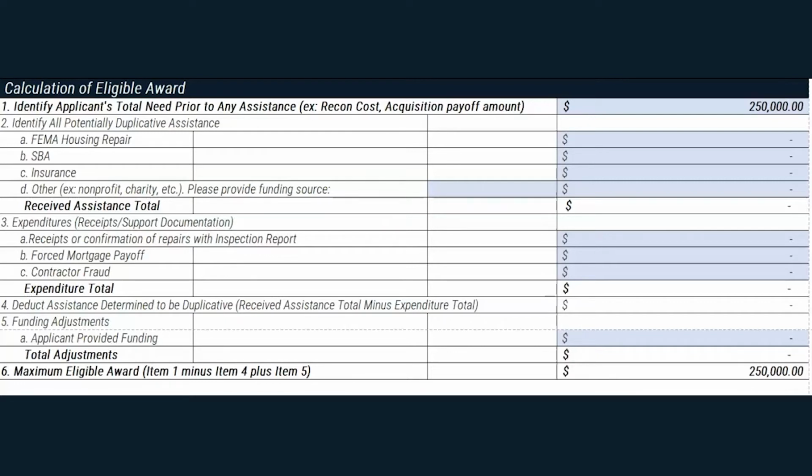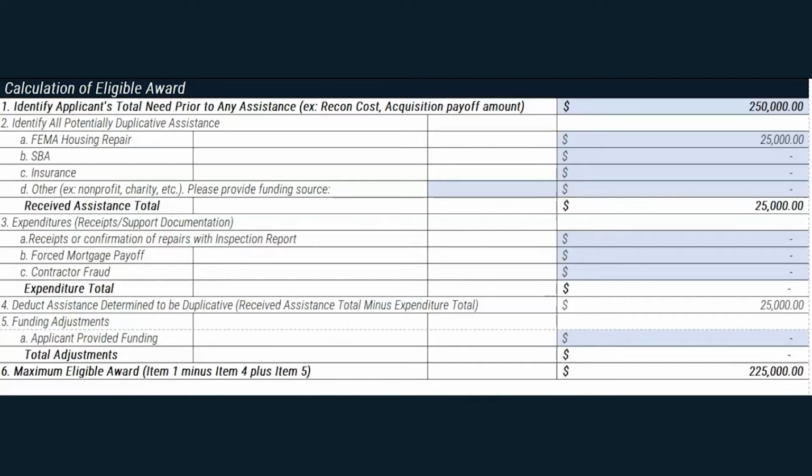In order to identify the amounts of assistance received by the applicant, the initial application should have included copies of the assistance letters received from FEMA, the SBA, or insurance. If the applicant is unable to locate the letters to demonstrate the assistance amount, they should reach out to the funding agency to request a copy of the letter.